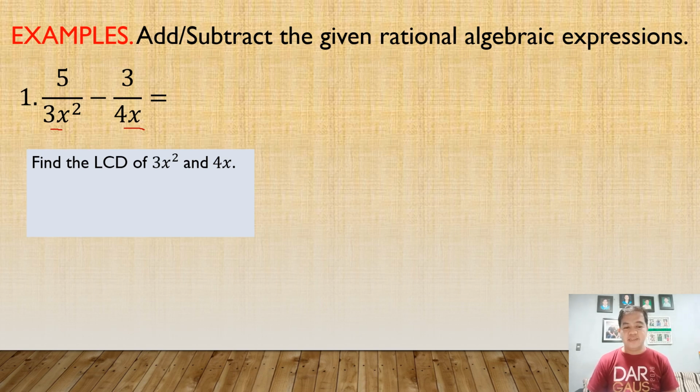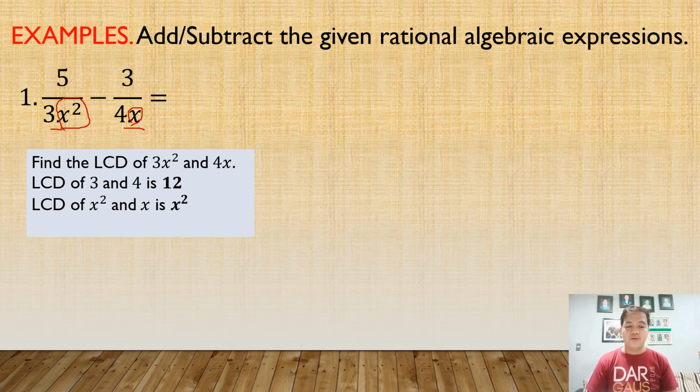So find the LCD of 3x squared and 4x. Okay, of course, the LCD of 3 and 4, kunin natin yung mga numerical coefficients. 3 and 4, the LCD of that is 12. So, alam na natin yan. And for the next one, yung x squared naman, itong x squared na to, at saka yung x naman. So, for x squared and x, ang LCD nun ay yung x squared.